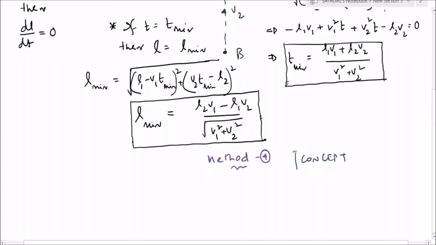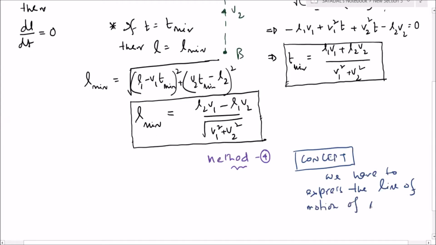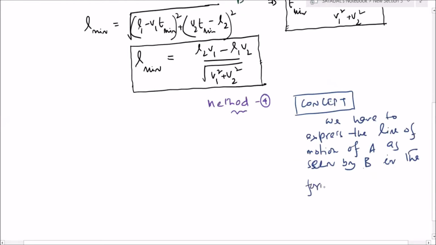The concept is we have to express the line of motion of A as seen by B in the form of a straight line.